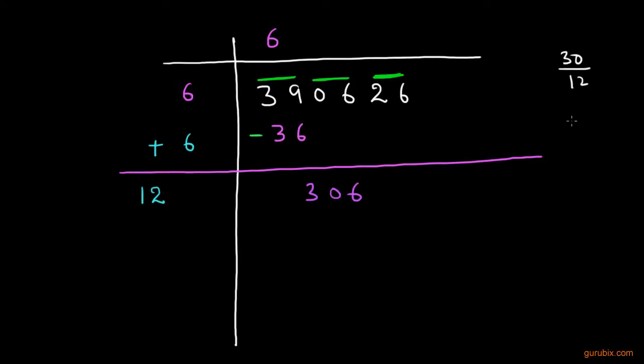and if we divide this 30 by this 12, here it goes 2 times. So the next digit in the quotient will be 2, and we shall write this 2 here and here. Now this number becomes 122.